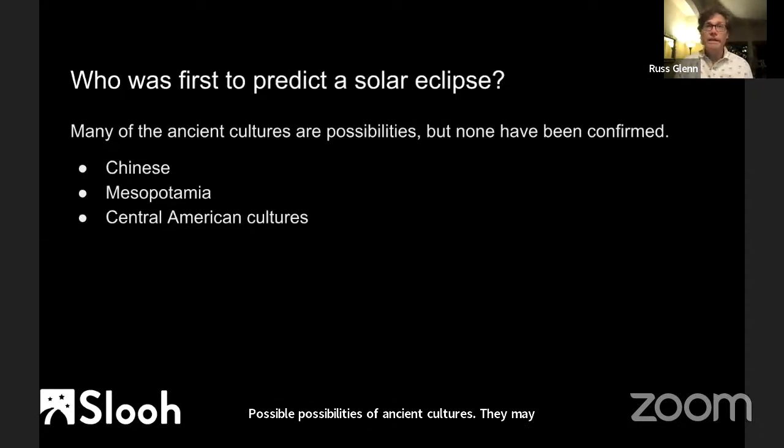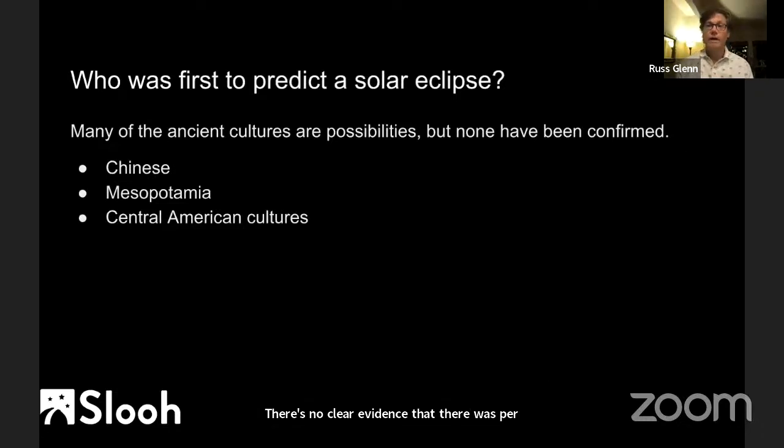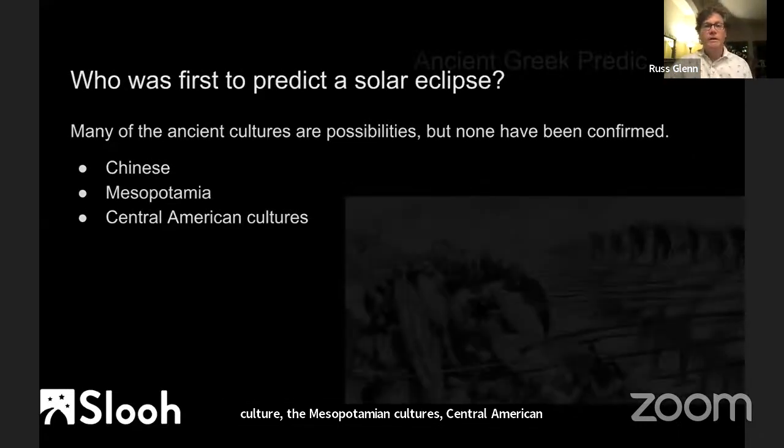There's no clear evidence that there was prediction occurring. So observations, yes. Predictions, uncertain. The Chinese cultures, the Mesopotamian cultures, the Central American cultures, they all observed them and they have records of them, but they don't have records of prediction.